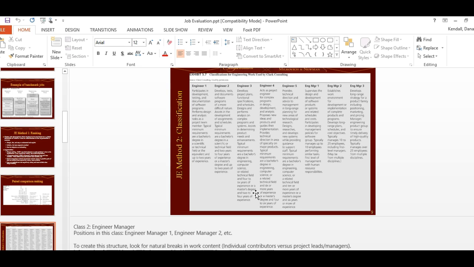And just for fairness and for legal purposes, if you're going to make pay grades based on these, you want to make sure that it's clear to the employees what is required to be able to attain that pay level.